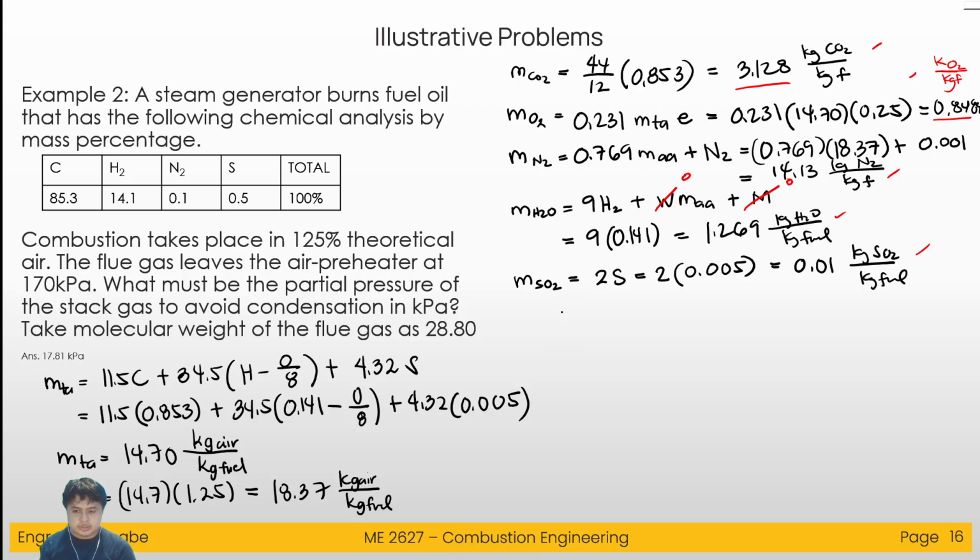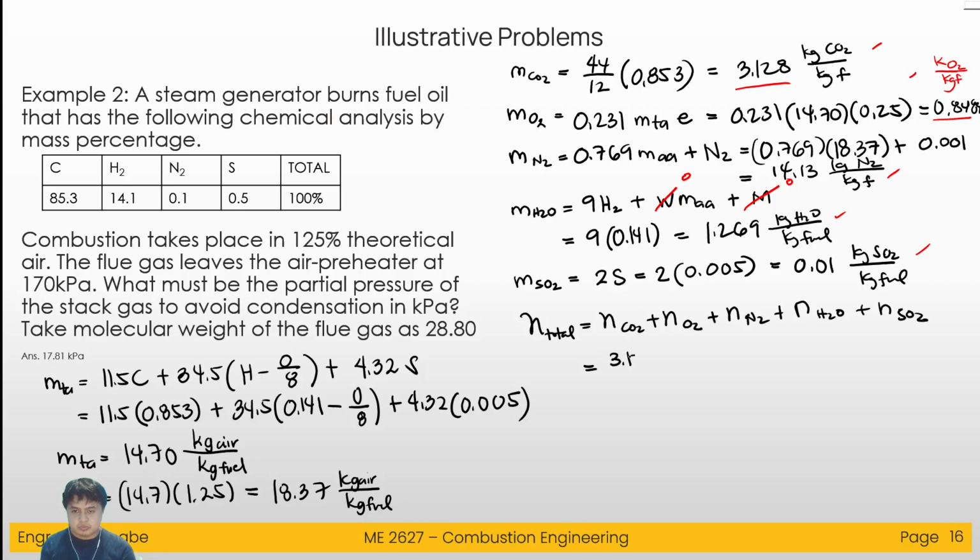So what we do is we can convert this into its volumetric basis to find the total volume in kilomoles. So we have N total. We have the N of CO2 plus N of O2 plus N of N2 plus N of H2O plus N of SO2, no? So what we are going to do here, we can just divide them by their molecular weights.